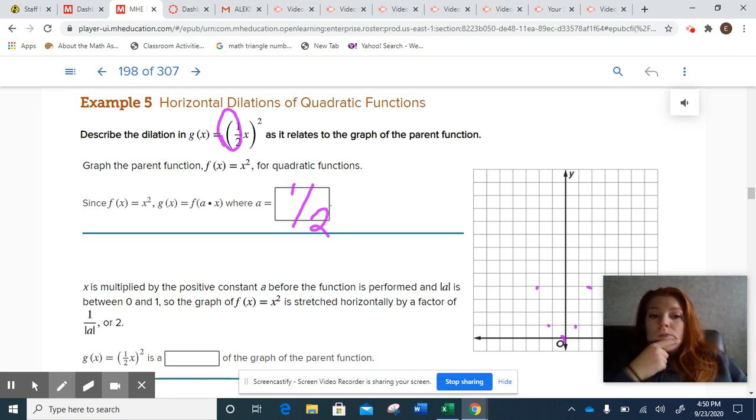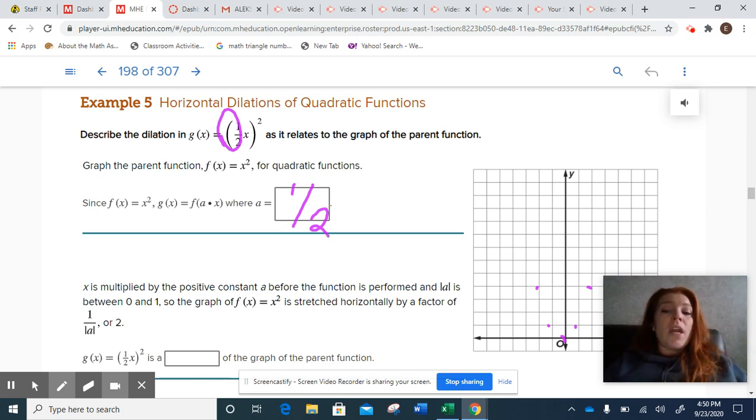Okay. So it says x is being multiplied by a positive constant a between 1 and 0 before the function is performed. So the graph is stretched horizontally by 1 over a. Okay. Technically, if I do 1 divided by 1/2, it's 2. So I'm going to multiply all of my x's by 2.